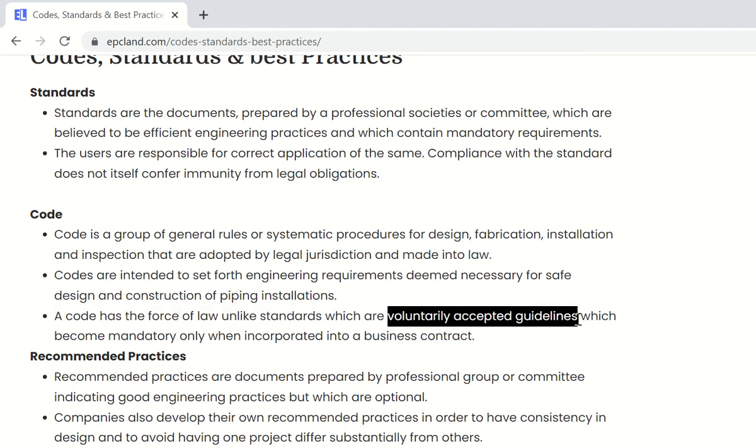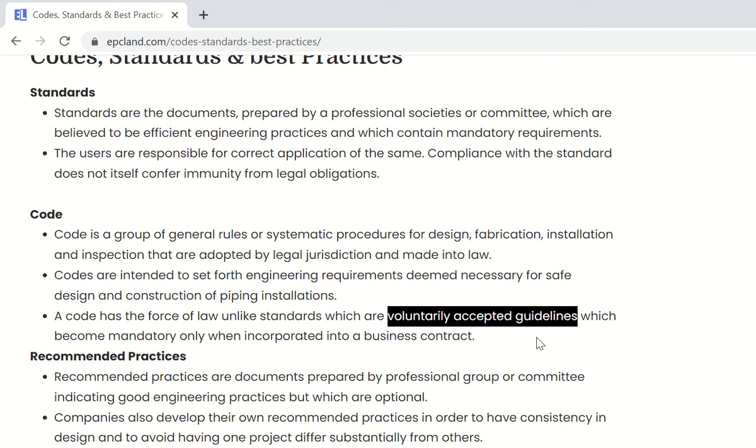We are doing a similar or the same project in different locations, or maybe a few of the conditions are different, but still similarity will be there. So general practices are established in the form of standards with the help of professionals who are working in the same field. These are voluntarily accepted guidelines.